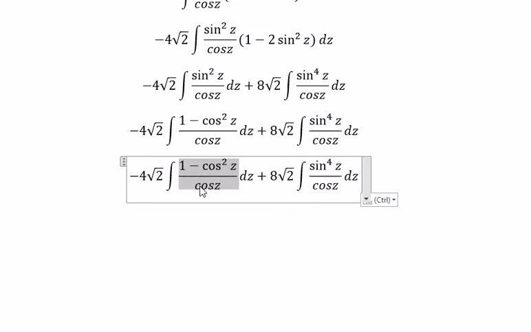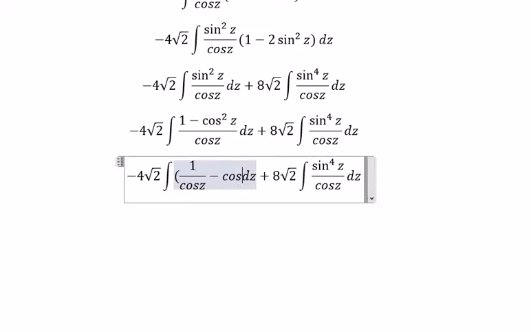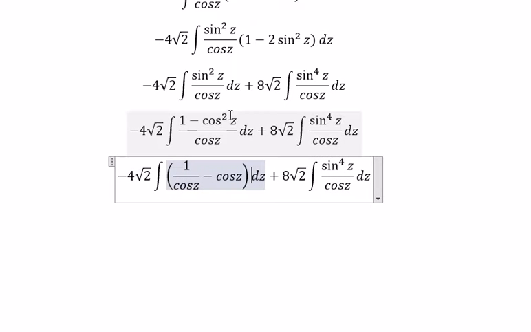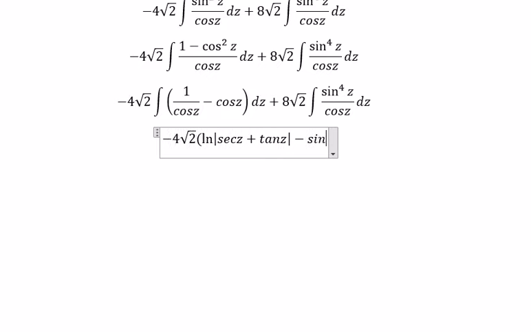For this one, you got 1 over cosine z minus cosine z, because cosine z square divide cosine z, and you got the integral of 1 over cosine z, you got ln of the absolute value of secant of z plus tan z. The next one is about sin z.